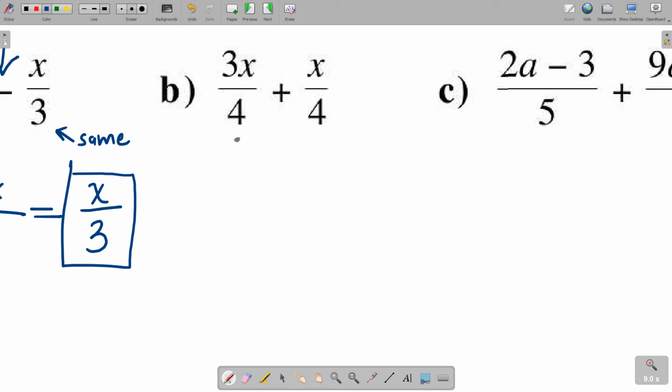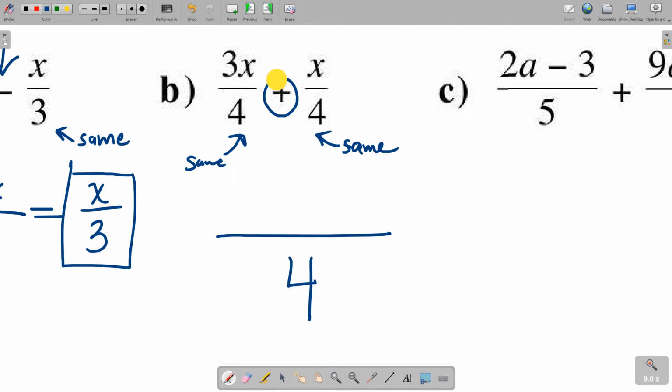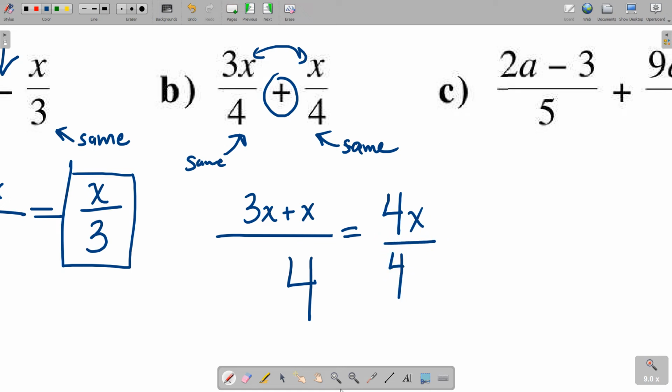Similarly, in letter B, let's proceed over here. We look at the denominator. Oh, the 4 is glitching out. Same as 4. Therefore, we can keep the denominator as 4, and we shall proceed with the operation in the numerator, namely 3x plus another x, which gives us 4x divided by 4.